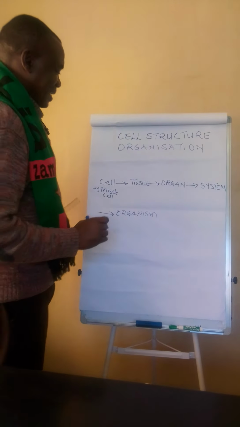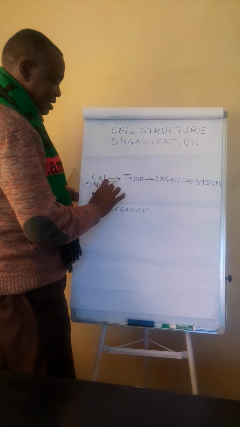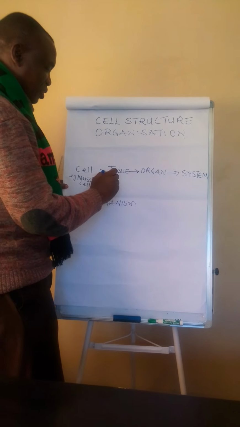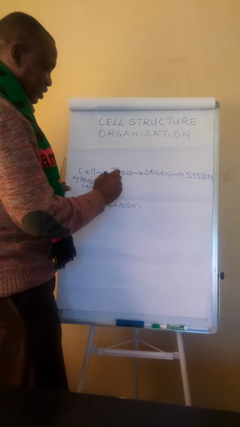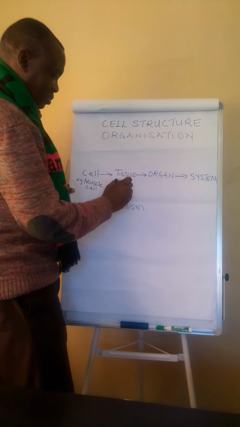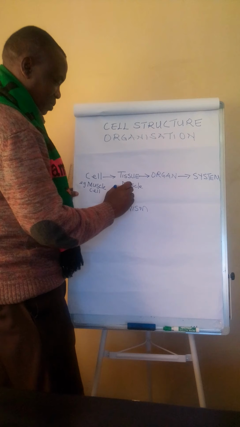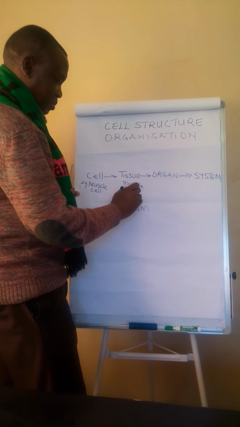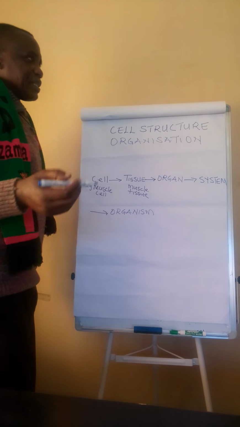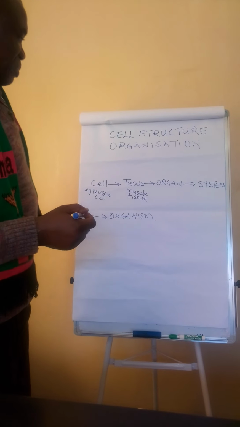And here, an example of a tissue, you have these muscle cells coming together, and then they'll form a tissue, and that tissue will be called muscle tissue. For example, you can form a smooth muscle tissue, skeletal muscle tissue, and so on and so forth. You form a muscle tissue.